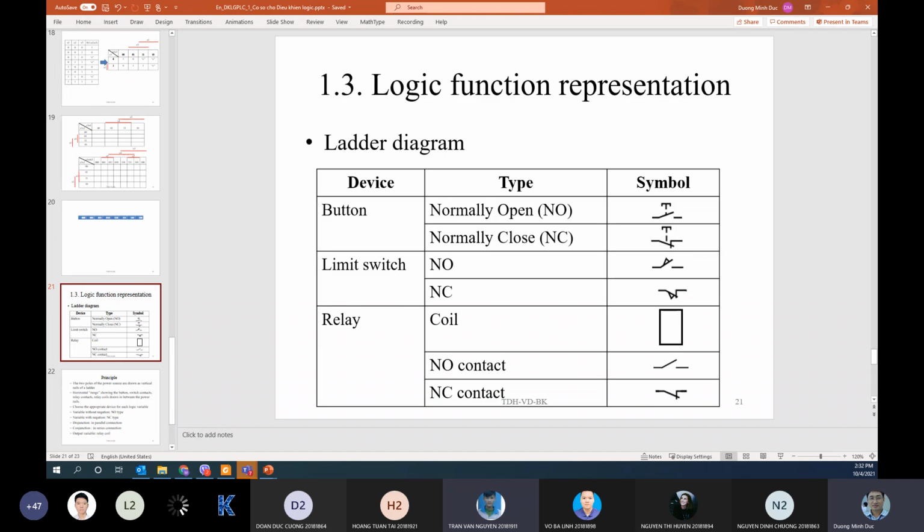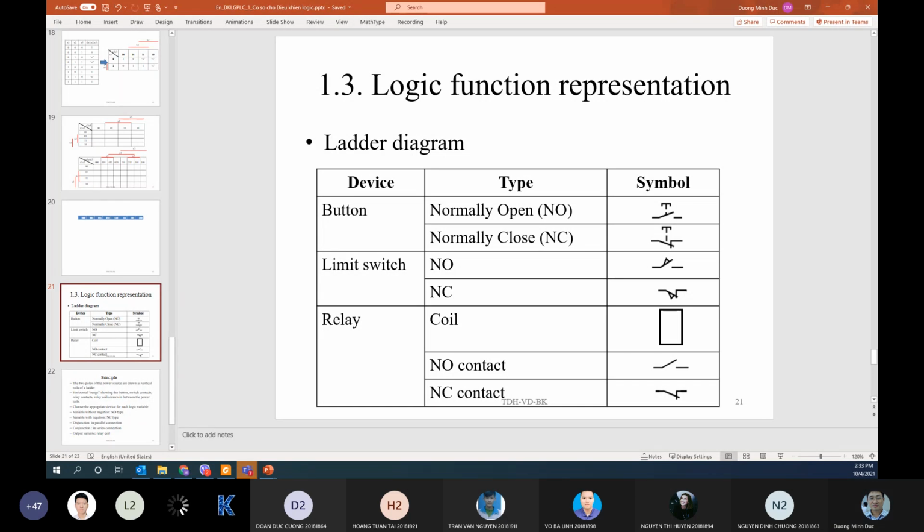So usually people use this, and when you make a chip, you use a function block diagram.